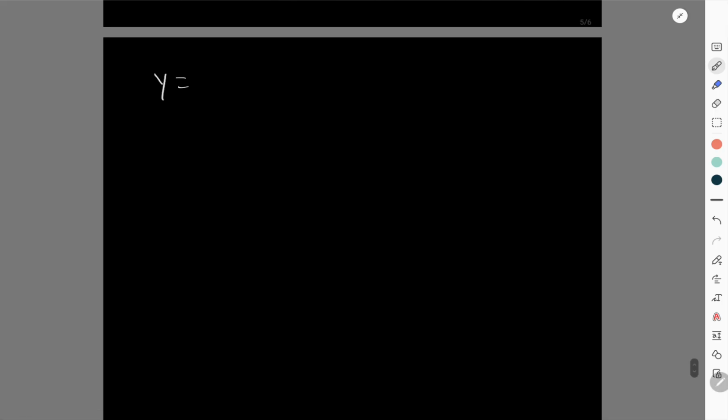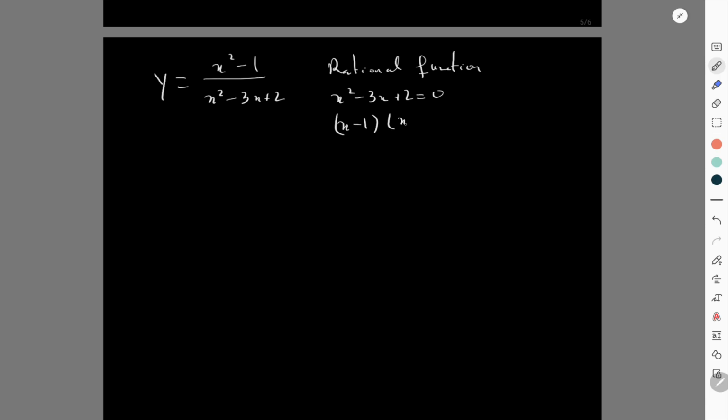It's y is equal to x squared minus 1 over x squared minus 3x plus 2. Really, this is a rational function. If I solve the denominator equal to 0, I can factor it out: x equal 1 or x equal 2.